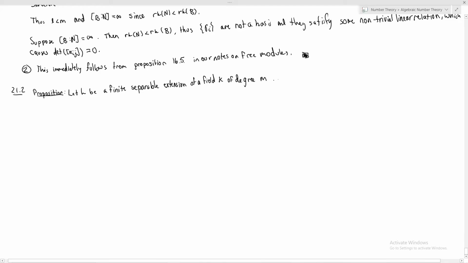So we're going to let omega, let's say, be a Galois extension of L. And we're going to enumerate our distinct K embeddings.